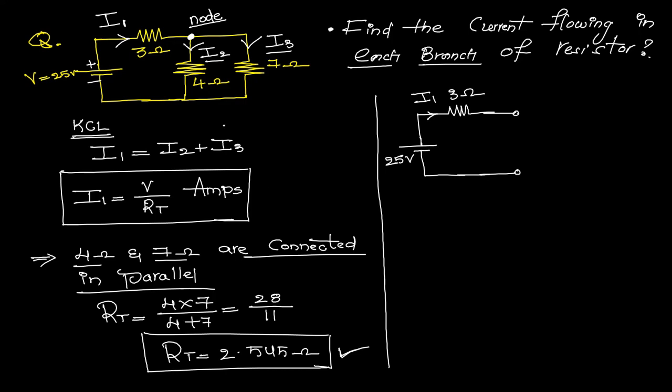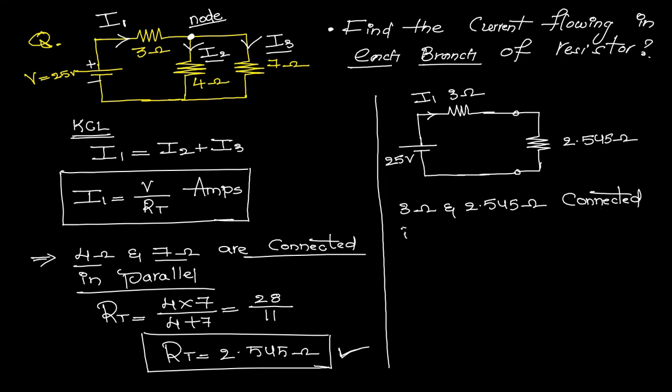Now instead of the parallel combination of 4 and 7 ohms, we got the resultant as 2.545 ohms. After replacing this value, you can observe that 3 ohms and 2.545 ohms both are connected in series.